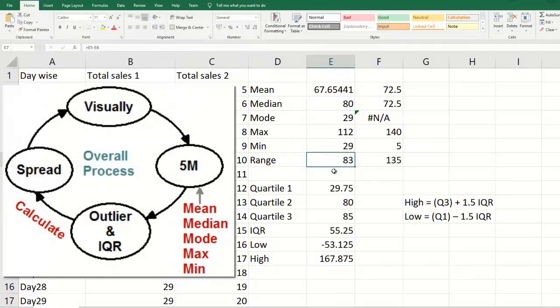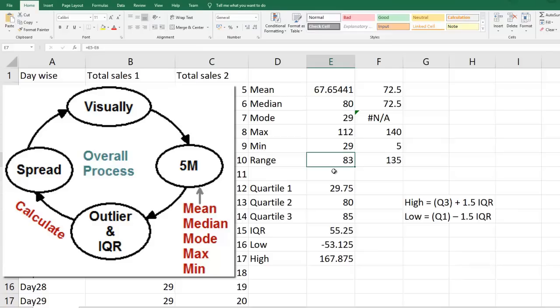So that was what this video was all about. We tried to find out what spread is and how to calculate it. First we did it visually using a graph, but then we said that for a huge data set we cannot use a graph, we need calculations. So we talked about mean, median, mode, max and min.